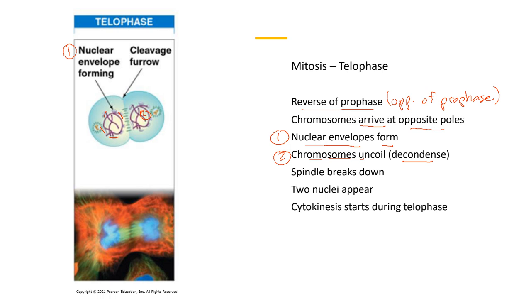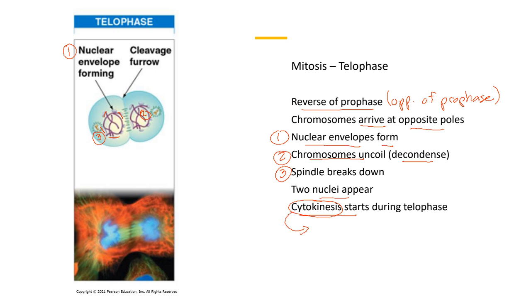The spindle is going to break up. The spindle fibers break up. I don't think you can really see it here, but let's just put it over here, saying the microtubules are breaking apart. Two nuclei appear, and at this time, in the last part of mitosis, we start seeing the beginning of cytokinesis.